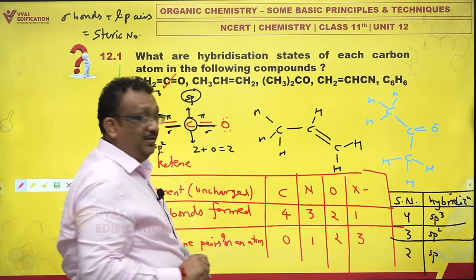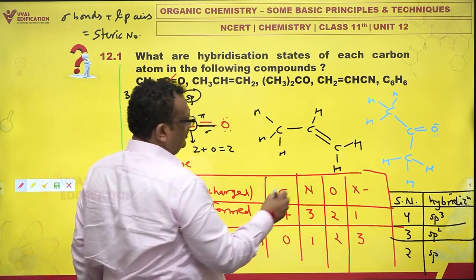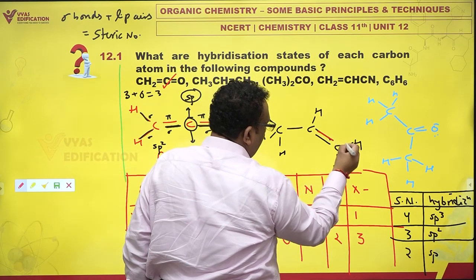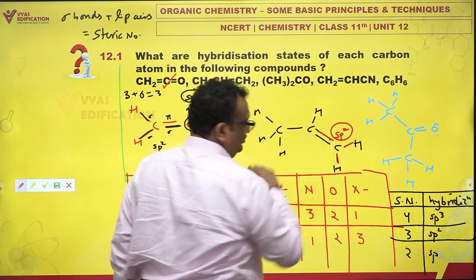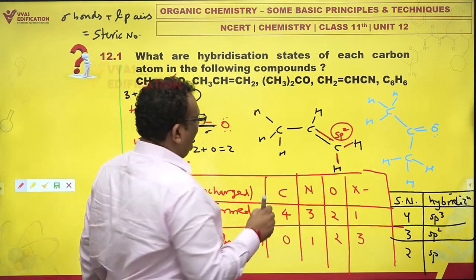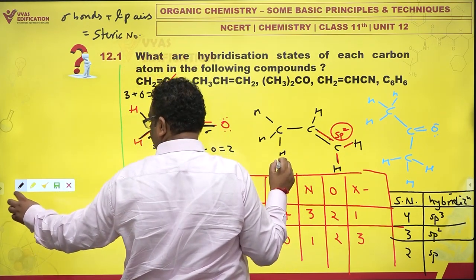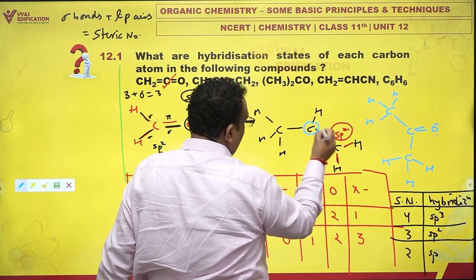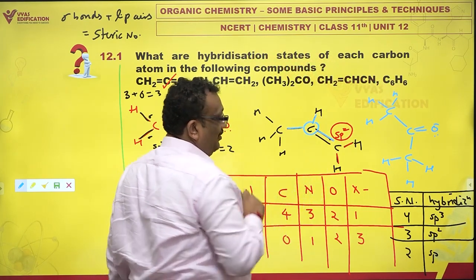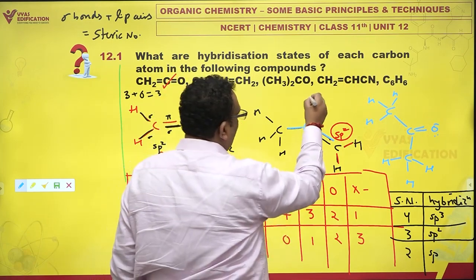What about propene? Let's take a look. This carbon has 1, 2 and 3, sp2. Done? What about the other one? This carbon, 1, 2 and 3 again, so this also would be sp2.